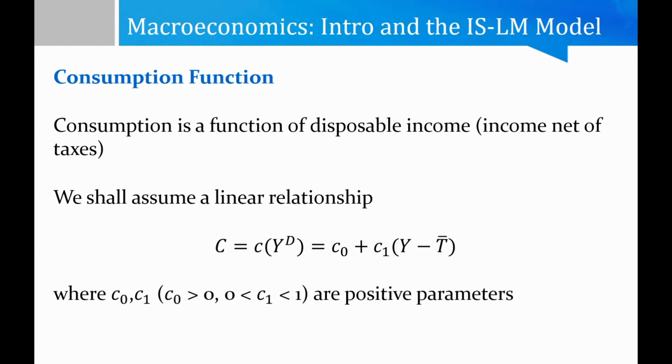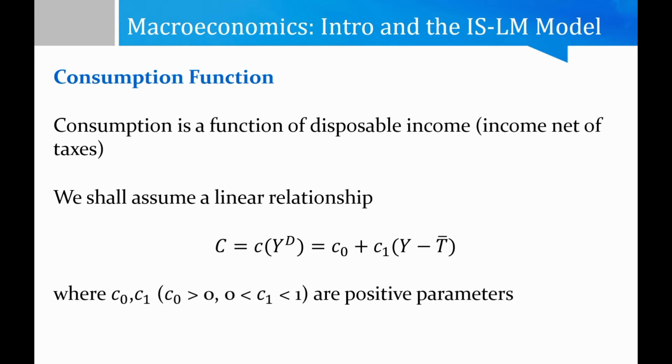Again, this is the consumption function, which shows the positive relationship between consumption and disposable income. We can infer from the equation that the parameters, the C sub O, which is the autonomous consumption, and C sub 1, the induced consumption, are positive.